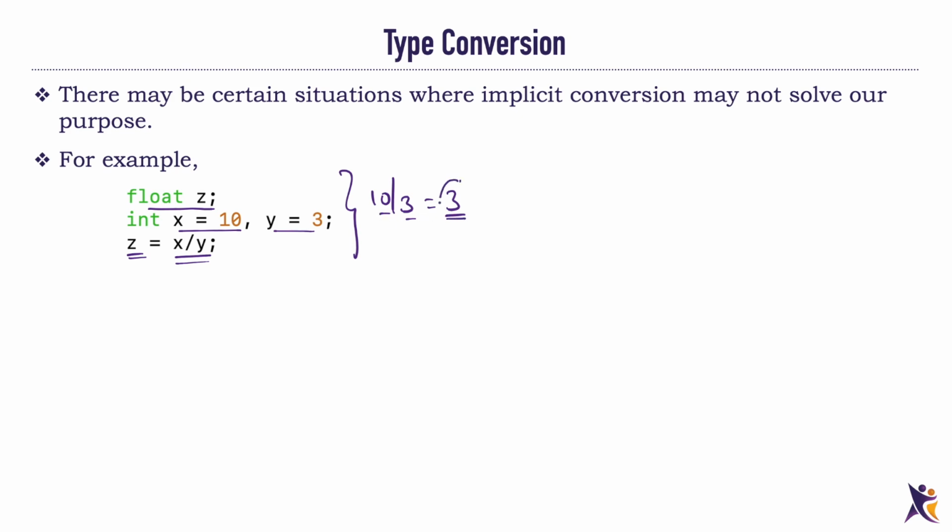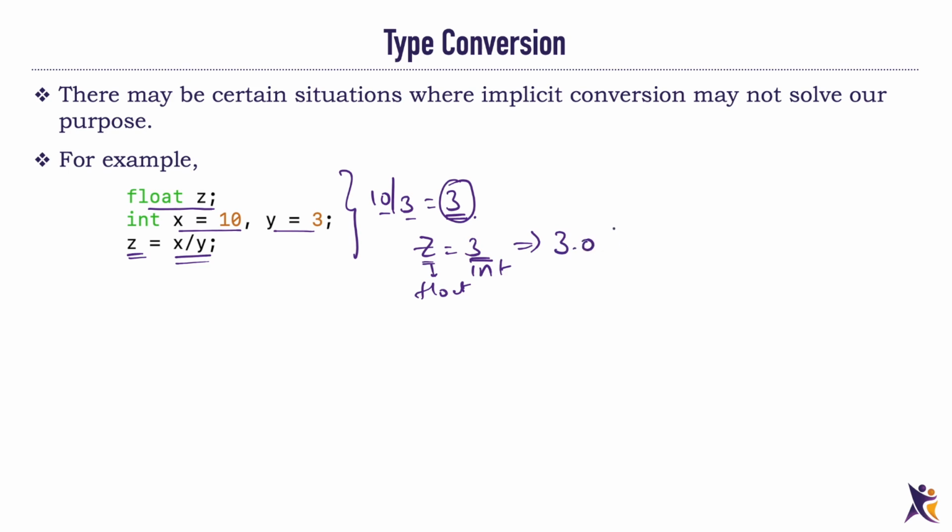So this is the value of 10 by 3, and then this value will be stored in float, right? z equal to 3. Since this is an integer and this is a floating point number, the compiler will implicitly convert this integer to a floating point number by having 3.0.